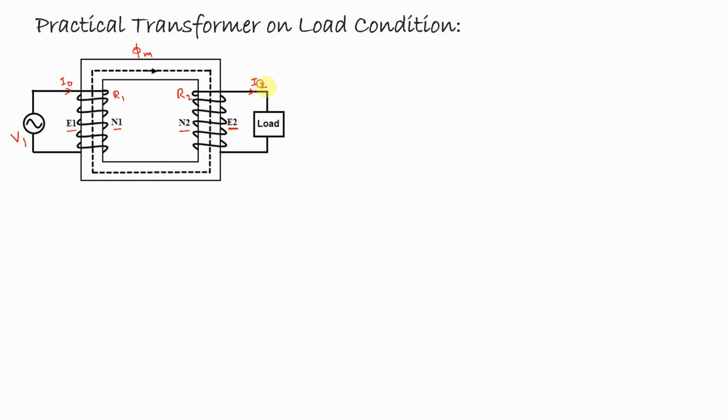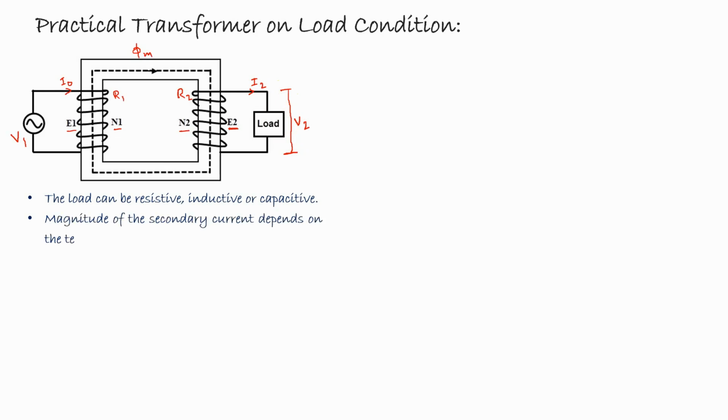This is the current flowing through the load, represented by I2, and there will be a voltage across the load, represented by V2. The load can be resistive, inductive, or capacitive, and the magnitude of the secondary current depends upon the terminal voltage and the load impedance.